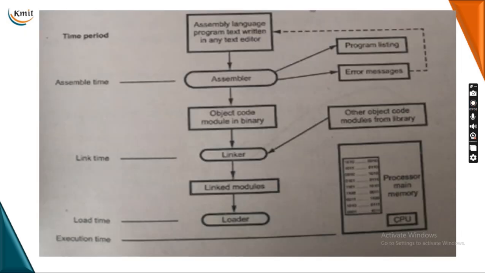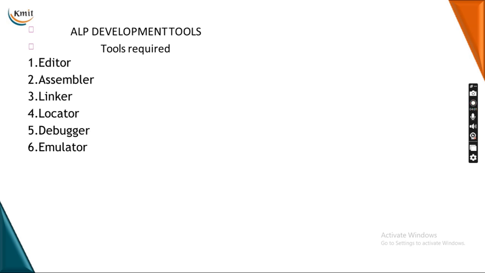First, editor. What does the editor do? The editor is useful for writing an assembly language program, and make sure you save it with the .asm extension.